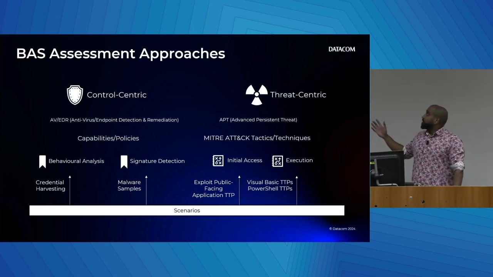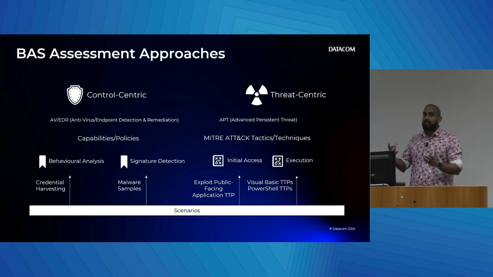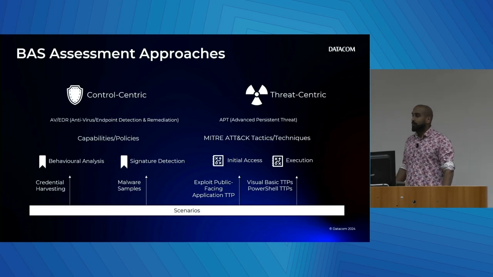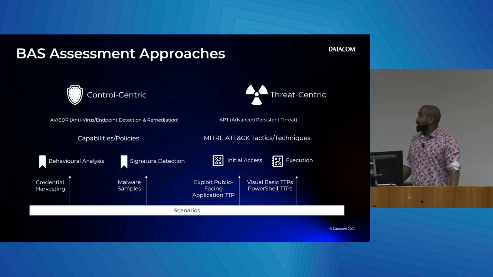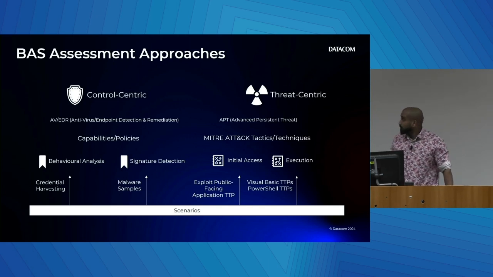Then you have the threat-centric one, which is more around, as the name says, threats, and these assessments are bundled up, so an assessment will have a number of TTPs. This can be around controls like the web application firewall, so there will be web application specific attacks, think SQL injection, cross-site scripting.